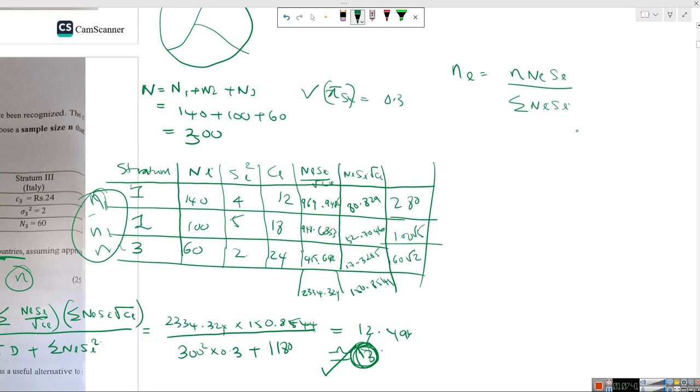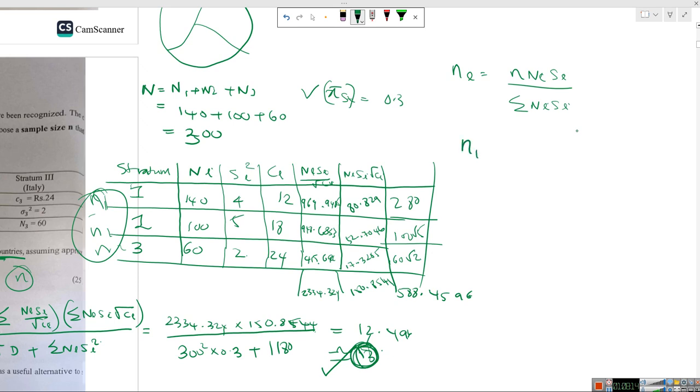So if you calculate this, you get 280 plus 100 square root of 5 plus 60 square root of 2. So it becomes 588.4596, right? So now this is the equation that we are going to use.